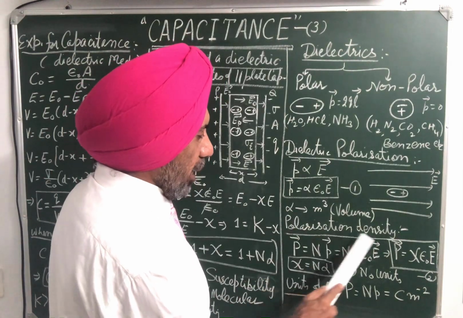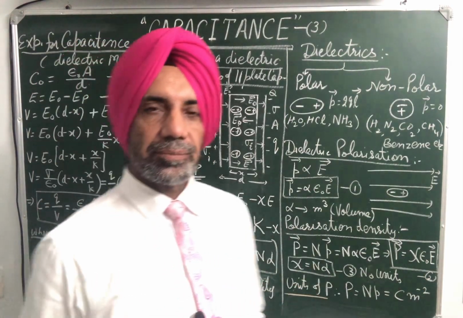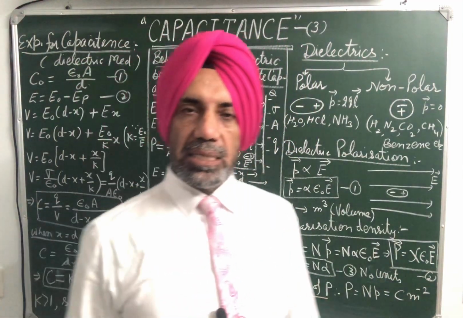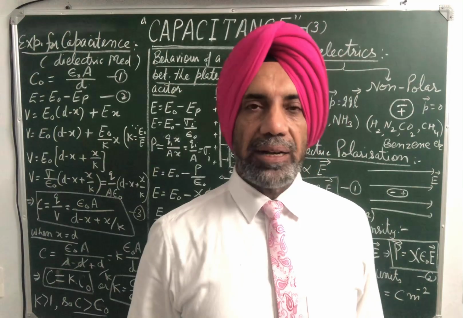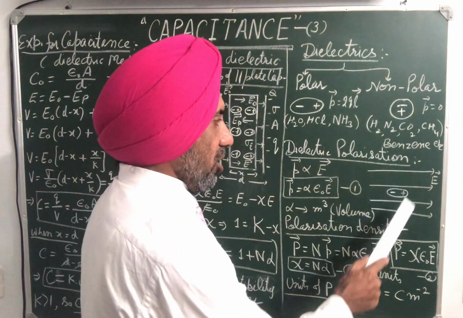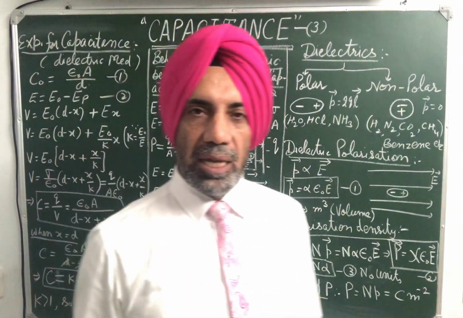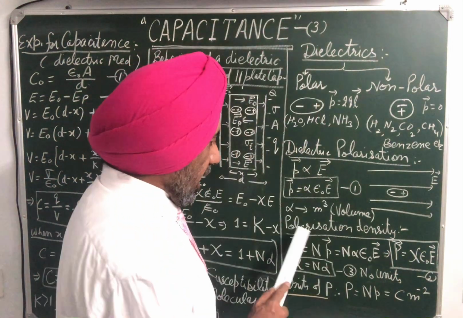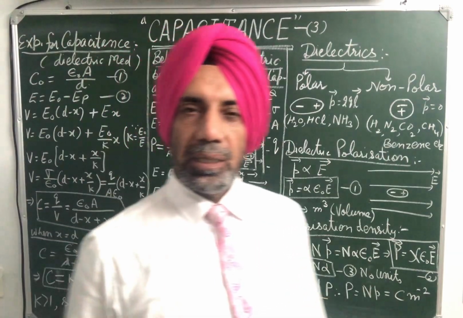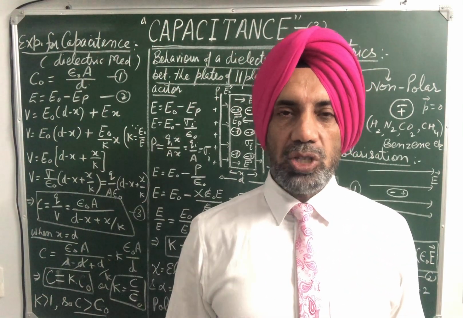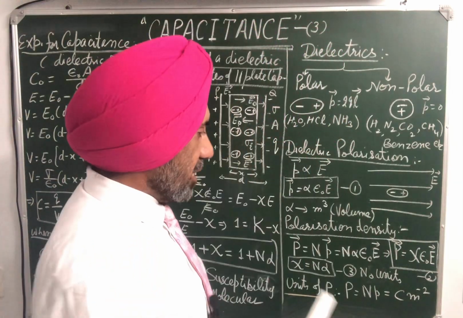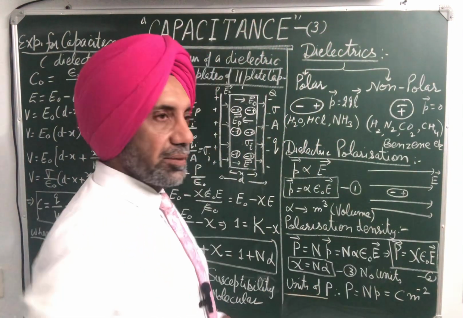Then what do you mean by polarization density? Since each and every molecule in the influence of an electric field gets stretched or polarized, each molecule acquires a dipole moment. So the total induced dipole moment per unit volume is known as polarization density.